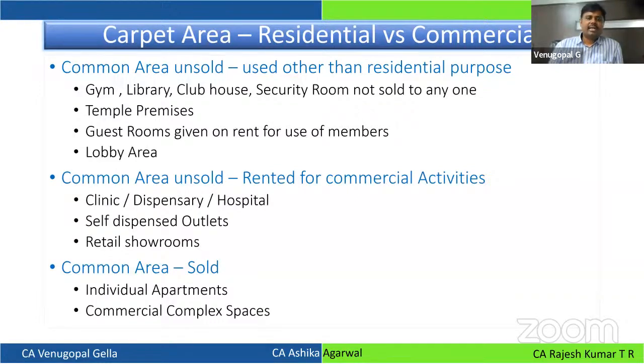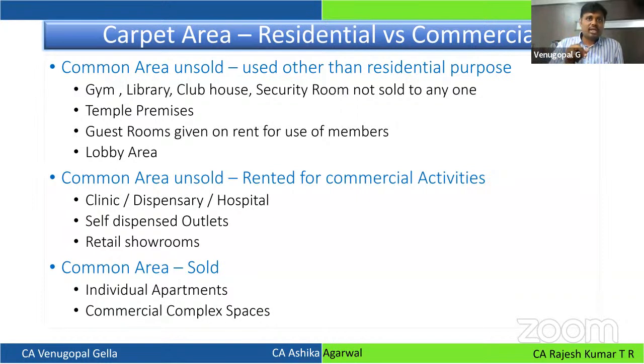In fact, in a project, the entire square feet of the project is allocated between all the tenants. So even this super built up area, which I am seeing as gym, library, security room, lobby area, all that has been allocated and sold to the tenants for their use.